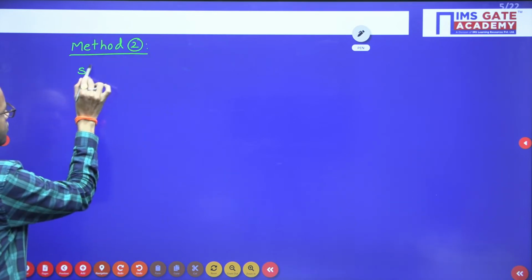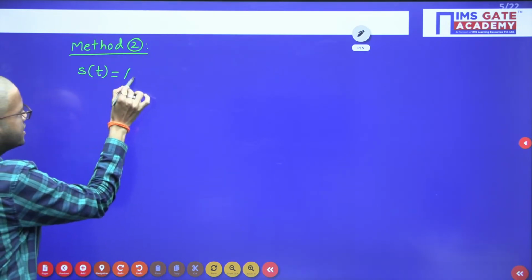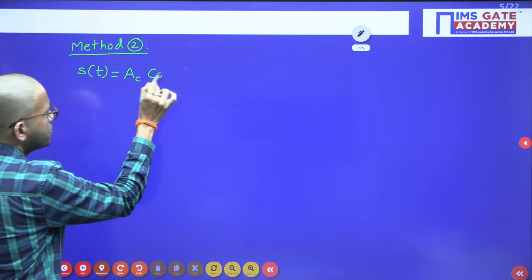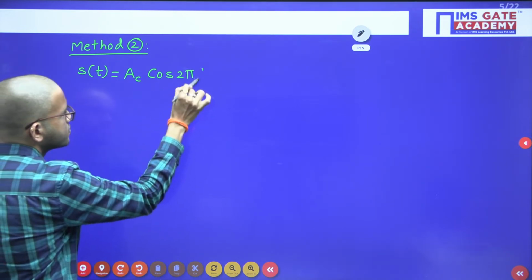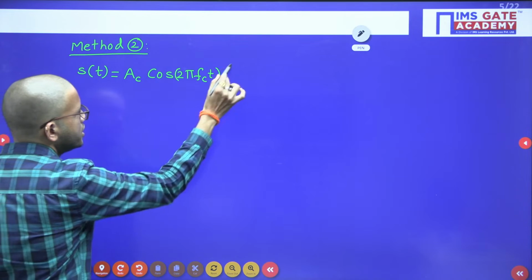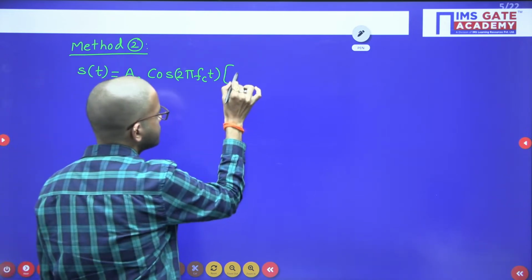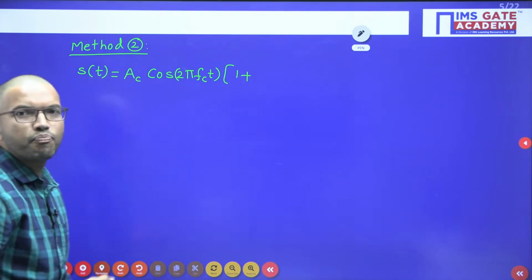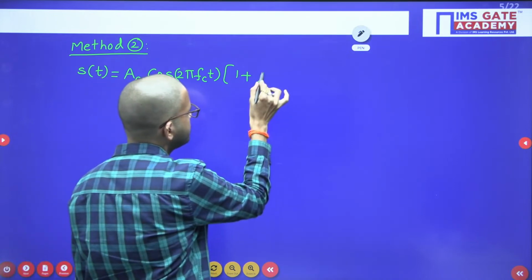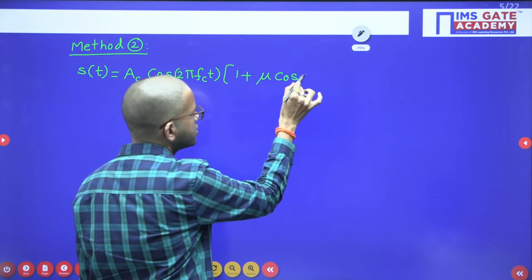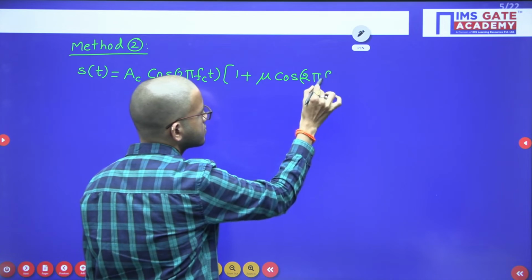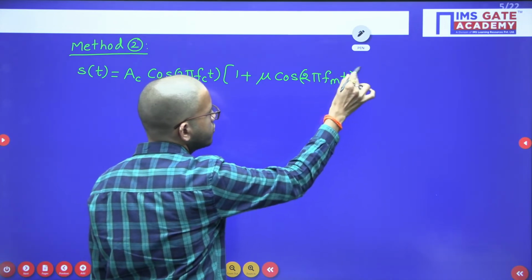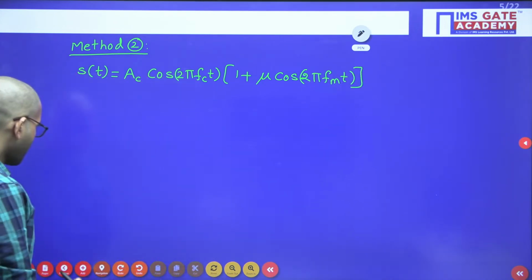S of t equals Ac cos 2 pi fct into 1 plus, can you recall? Yes, mu into cos 2 pi fm t. All of you cross check once quickly.